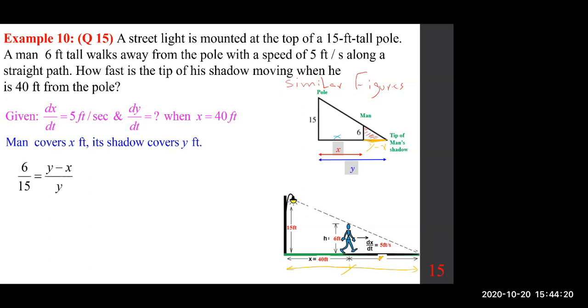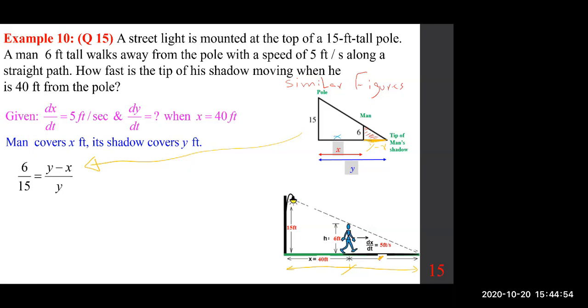I hope you see what I'm doing here. Similar figures: the ratio of y minus x to y, my apologies, is the same as the ratio of 6 to 15. Of course, we don't need the hypotenuse because we don't have it and we don't need it anyway. So I'm going to quickly recap. I'm looking at the small triangle versus the large one.